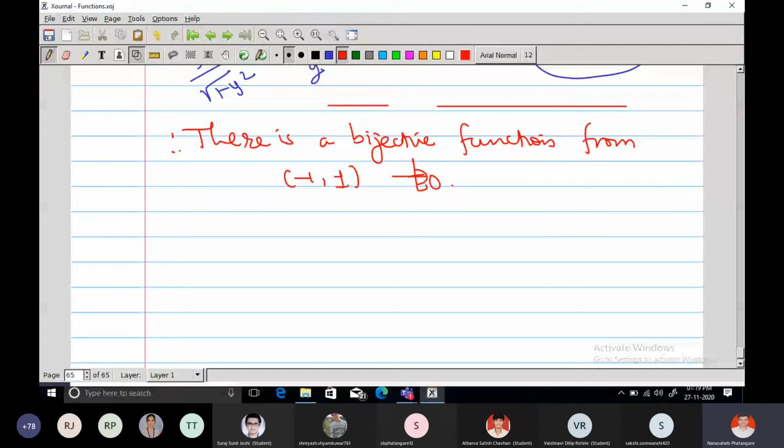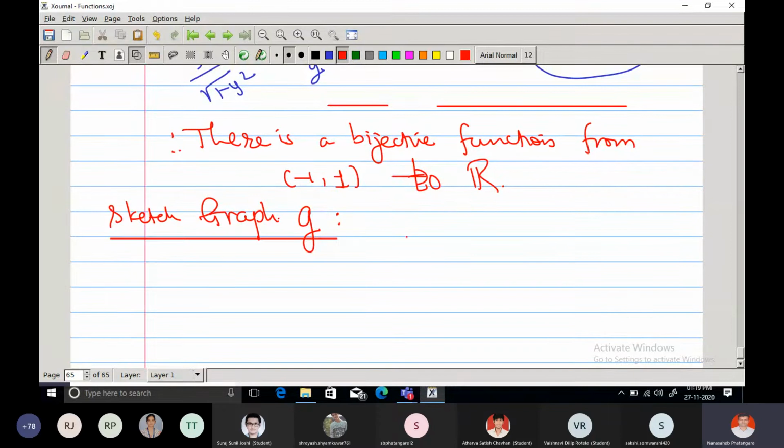Can you tell me the graph of g? The graph of function g. So what is the graph of function g? Interchange the axes from the graph of f of x.